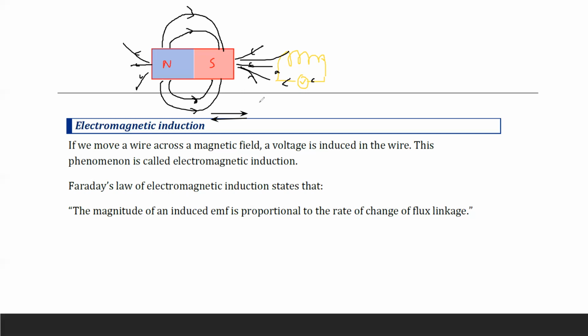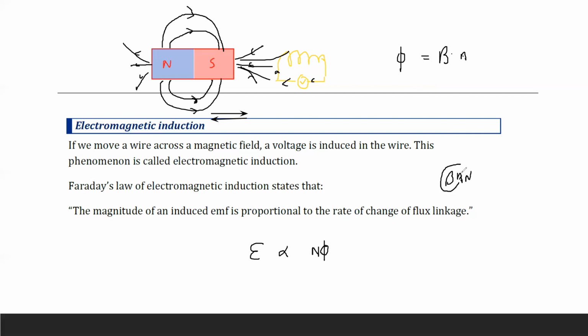And Faraday's law states that if we change the magnetic field at a faster rate, the EMF induced is directly proportional to the rate of change of magnetic flux linkage. Meaning the induced EMF is directly proportional to the magnetic flux linkage, which is denoted by N phi, because we already discussed that magnetic flux is B dot A. So magnetic flux is B dot A, and magnetic flux linkage is BAN.